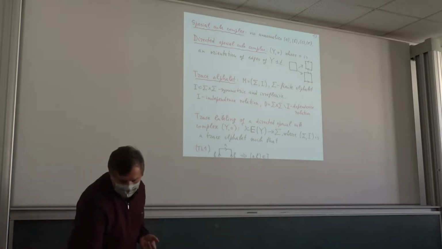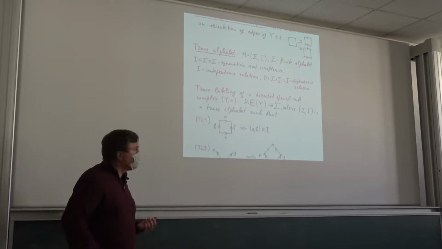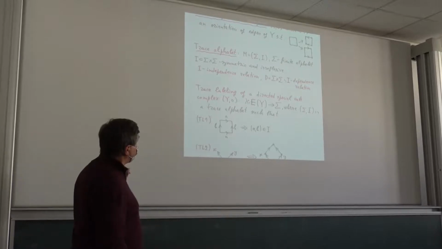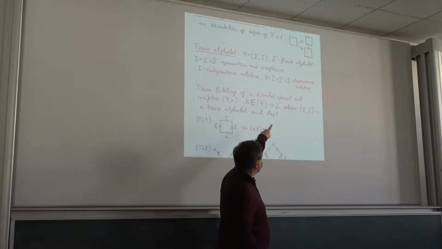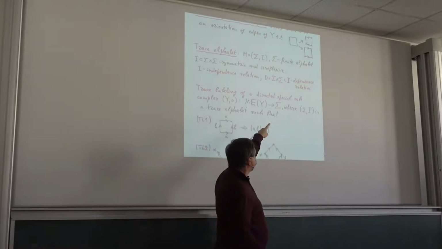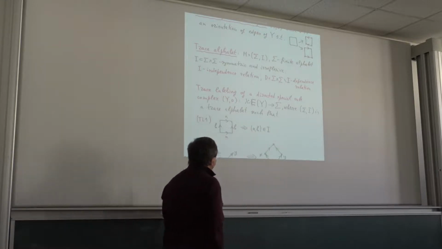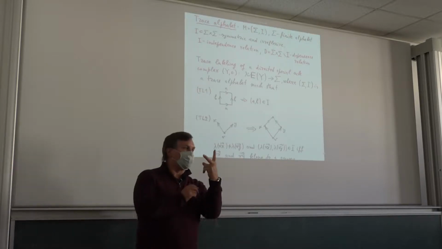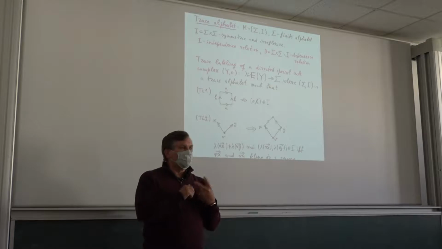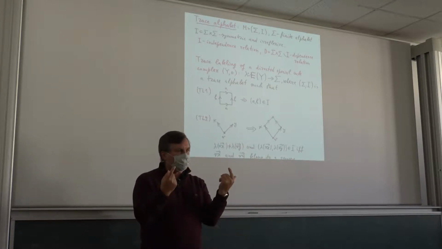And then, a trace labeling of a directed special cube complex is a labeling of the edges of this complex with a letter from the trace alphabet Sigma, with a condition which says which pairs of edges should be given different colors, and colors which are independent.